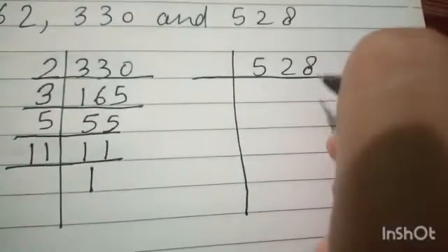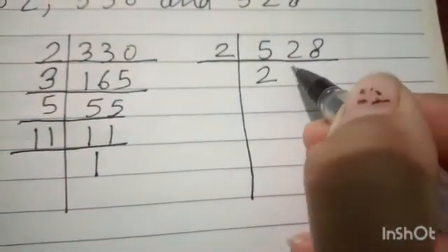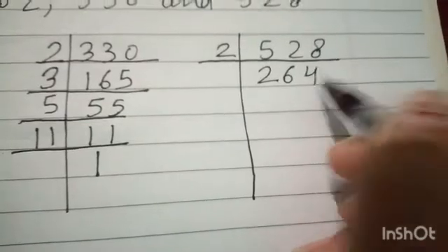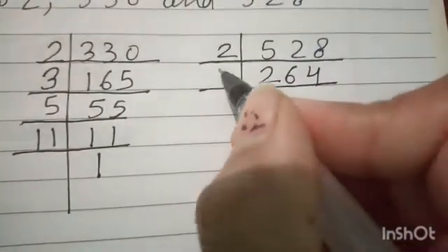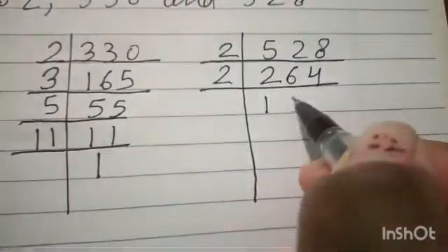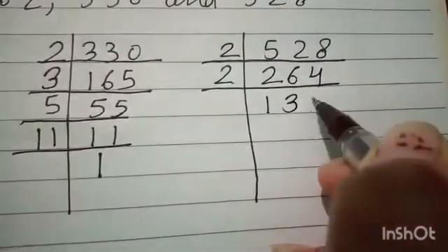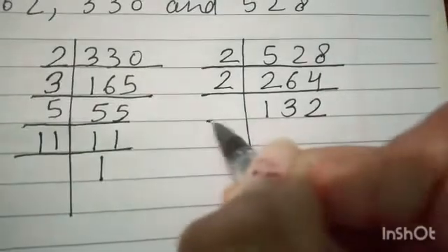Now next is 528. It has an even number at the end, so I will divide by 2. 2 2s are 4, 2 6s are 12, 2 4s are 8. Again I can divide it by 2. 2 1s are 2, 2 3s are 6, 2 2s are 4.